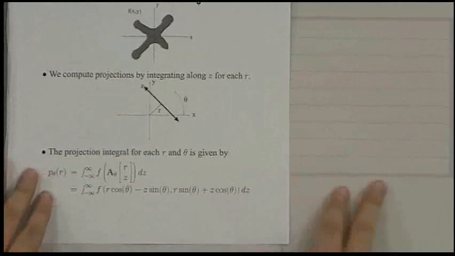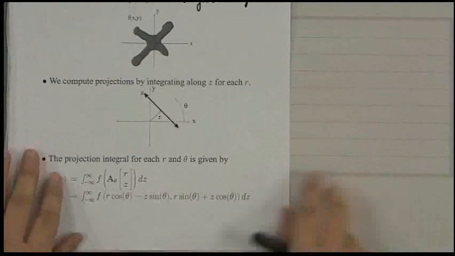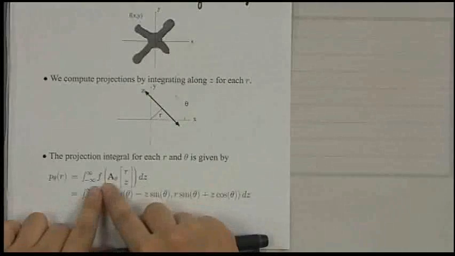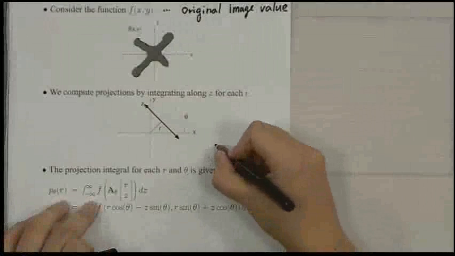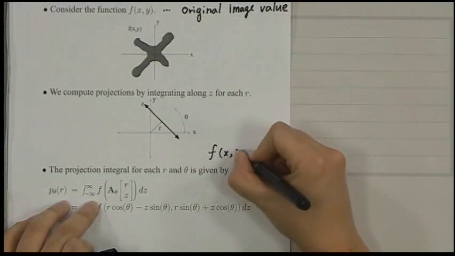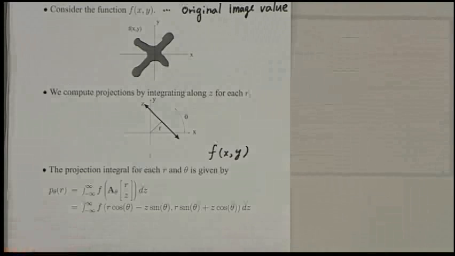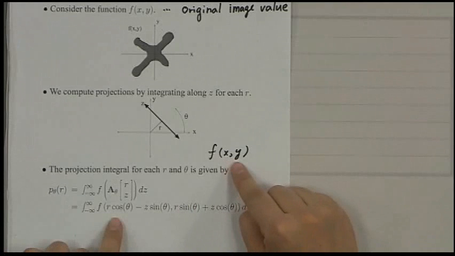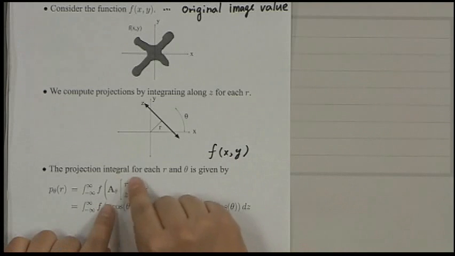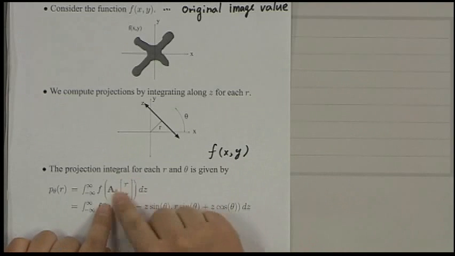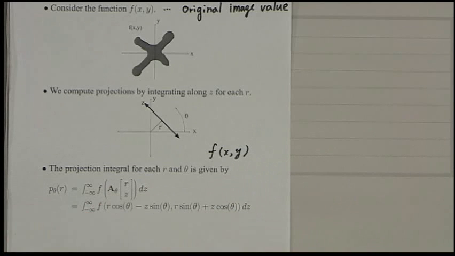And then we want to take an integral, but unfortunately, we can access the image value f(x,y) only through the xy coordinates. So we have to change the rz to xy coordinate values.